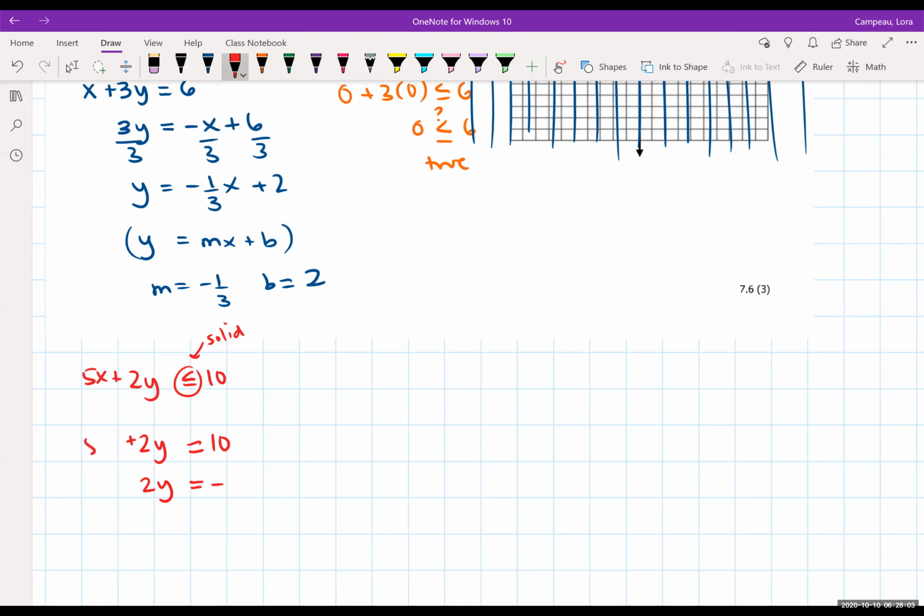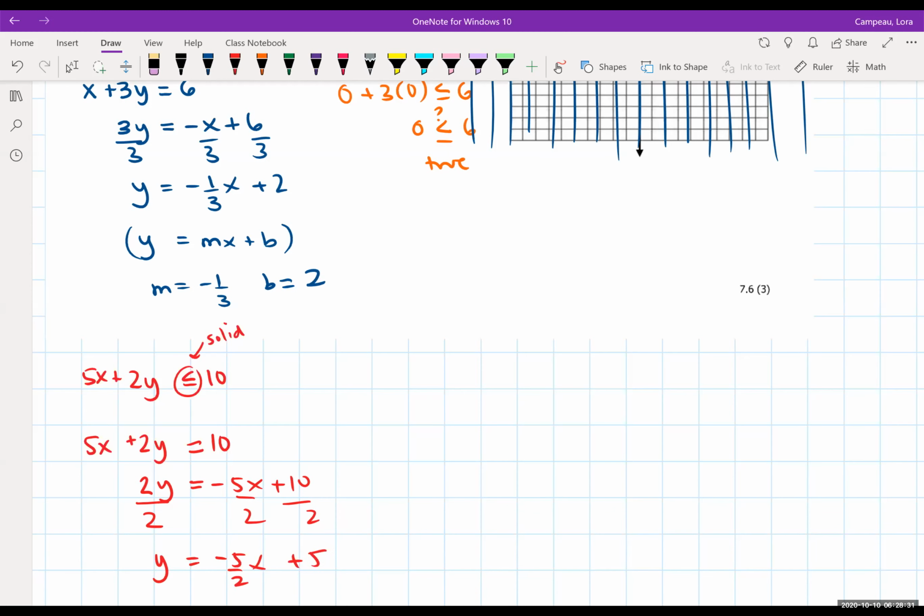So solving for 2y, we are subtracting 5x from both sides. So we have negative 5x plus 10. Divide both sides by 2, every term. So we get y equals negative 5 halves x plus 5.